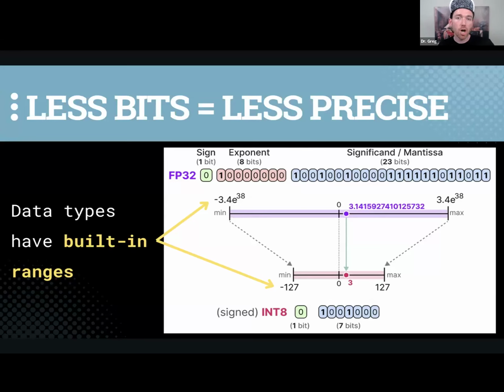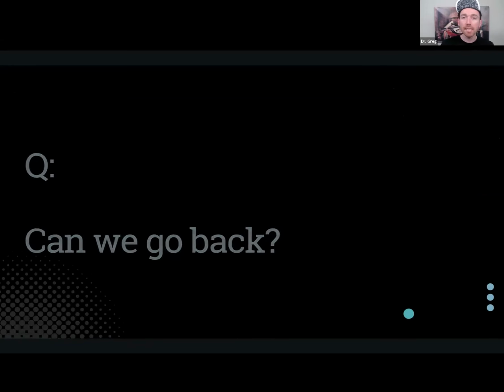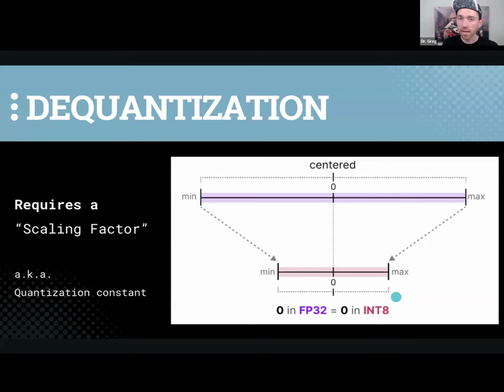So these off-the-shelf data types have built-in ranges of precision. And when we switch between them, one question is when we lose the information, can we go back to the original representation? You think of principal component analysis from back in the day. And the answer is, well, kind of, but also no. But yes, it's fine as long as we didn't quantize it too much.